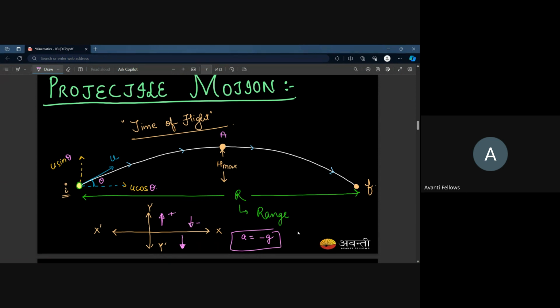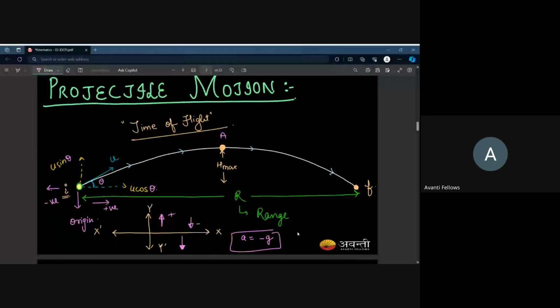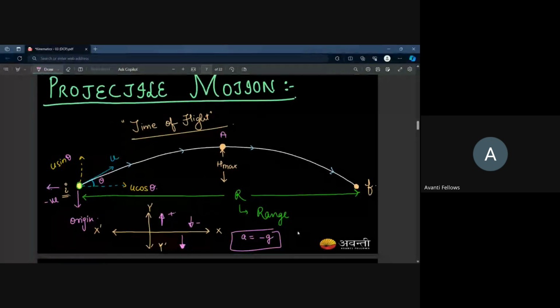If I throw something and I am considering this as origin, and I throw something in the left direction, then it would be negative. And if I'm throwing something in the right direction, then it would be positive. So whenever vectors are involved, always go with the Cartesian coordinates to calculate the direction. Is that fine?